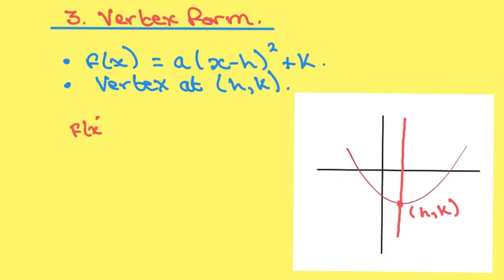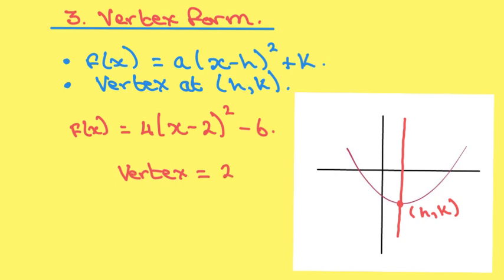So if you're given f of x equals 4 times x minus 2, all squared, minus 6, you immediately know that the vertex is equal to 2, minus 6.